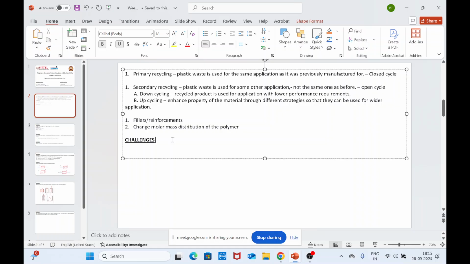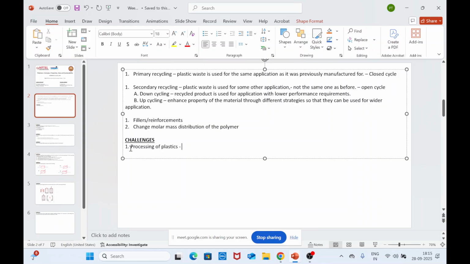Coming to the challenges for plastic products, the first challenge is again the processing of the plastic products. There will be multiple plastic products, and you have to recycle them.